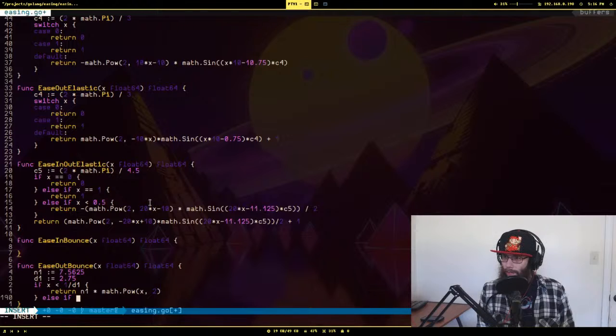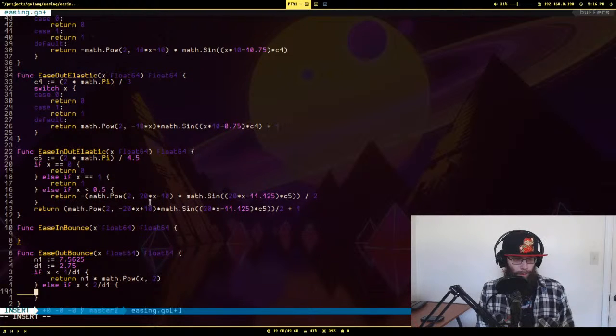Else if x is less than 2 over d1, return n1 times x... Oh, I see what it's doing. Huh. I'll need to look.